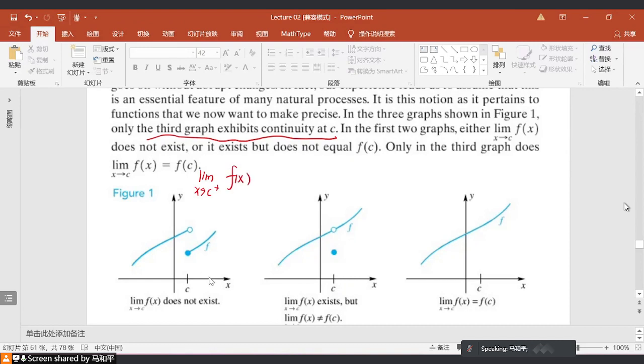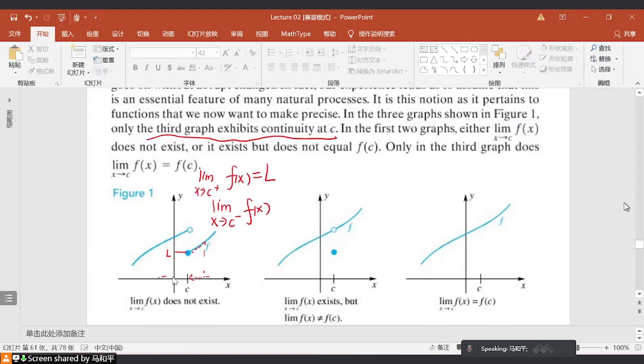Here, this means x approaches C, and now f(x). So we can find this limit, maybe this number is A. Then we consider x approaches C from the left.